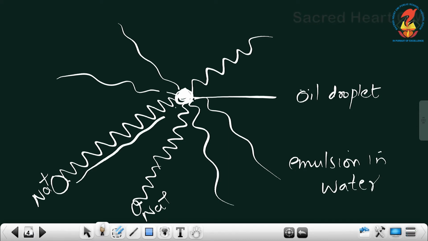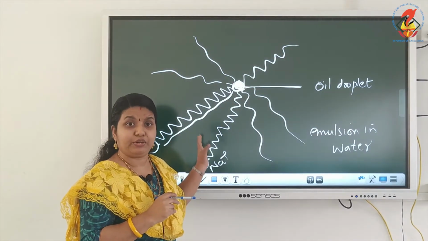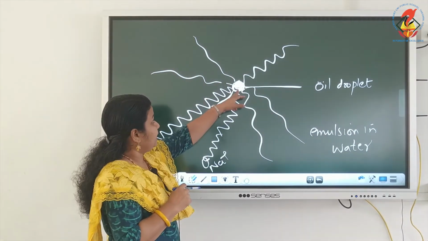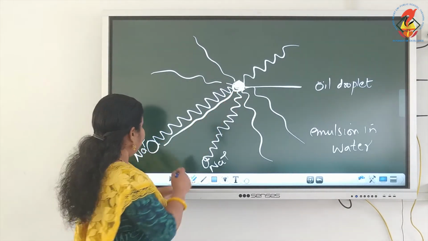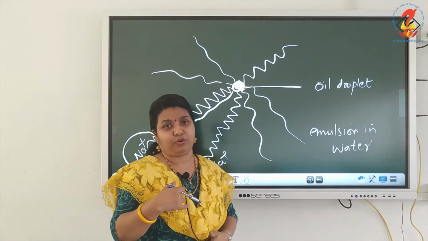How is the soap molecule oriented? This zigzag line is the hydrocarbon chain, which is hydrophobic. It is attracted towards the oil droplet, and this hydrophilic end is facing outside towards water.